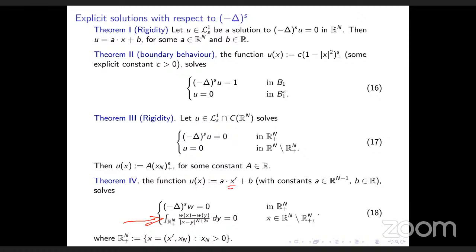Here you can see x prime, which also solves this equation, and one can check that this is true. So a natural open question here is: are these the only functions that solve this problem? Is it true that these are the only functions?